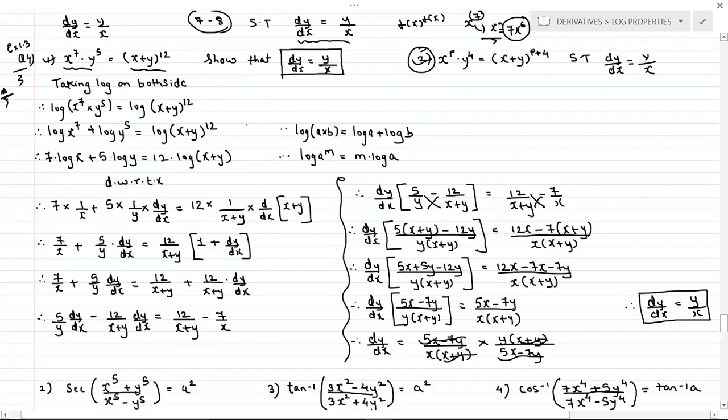Okay, and the procedure, the functioning of the sum, will be the same. First take log, then do the adjustment with respect to log, then do the derivative with respect to x. In the second last step you will get the common factor, and in the last step you will be left with y upon x only in the second sum also.